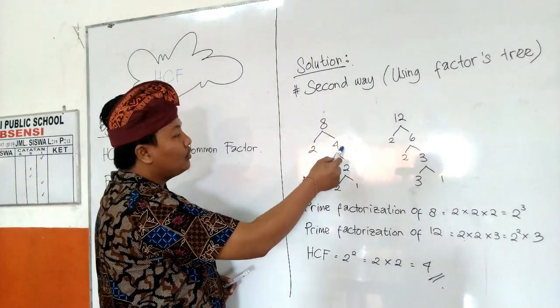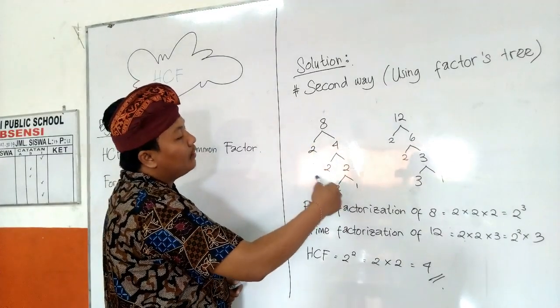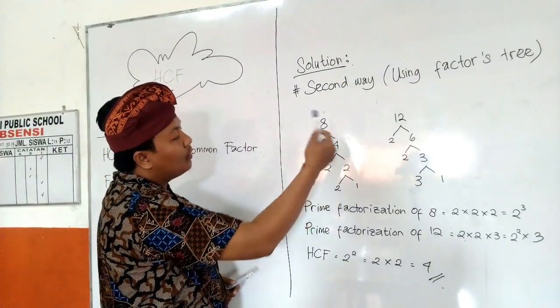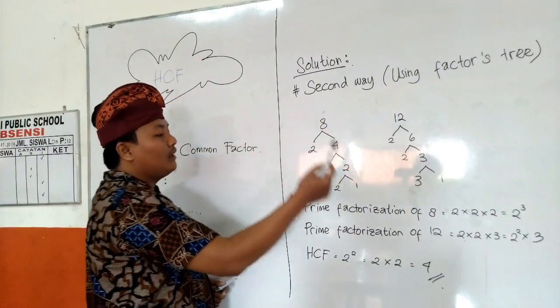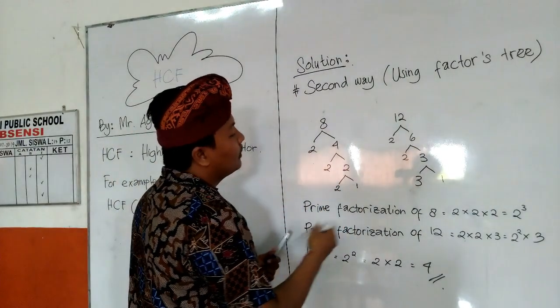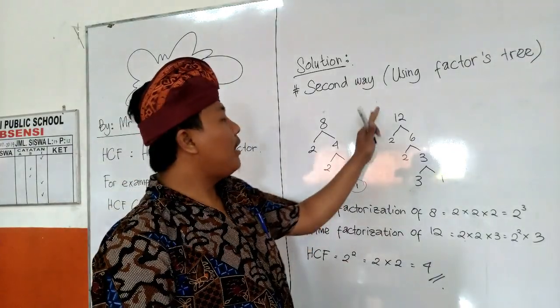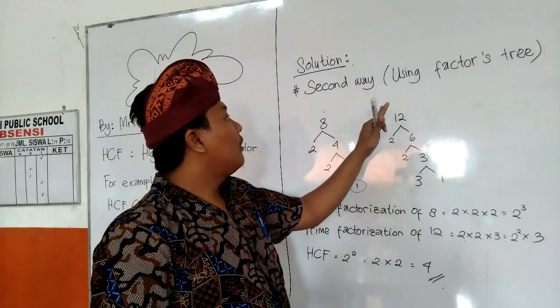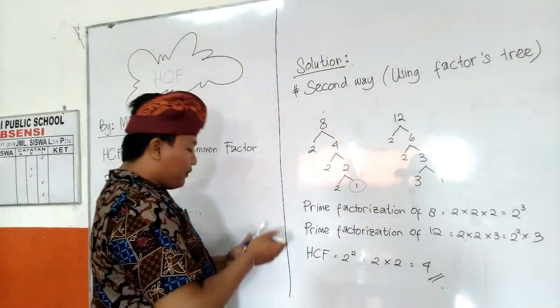And then continue that process, divide 4 by a prime number also, and start from the lowest prime number. The lowest prime number is 2, so the result is 2 again, and 2 divided by 2 again, and you will get 1. Stop the process when you get 1. Same as this, find the factor tree of 12.